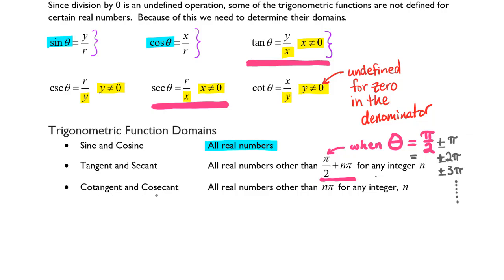And then for cotangent and cosecant, we'll go ahead and use brown for those.